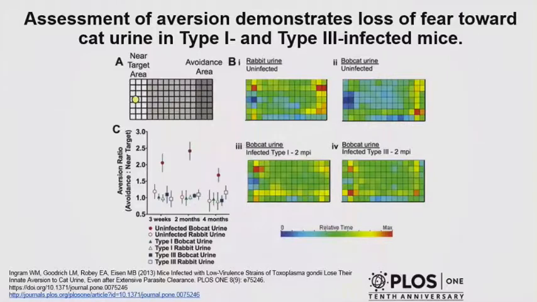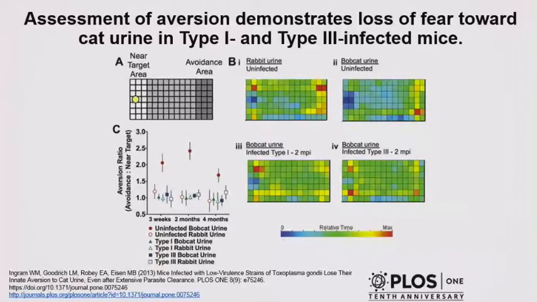So these behavioral changes come from, or studies come from mice, where researchers would put either rabbit urine or bobcat urine in an area, a caged area, and let the mice just roam around this area and monitor where they would hang out in the area.